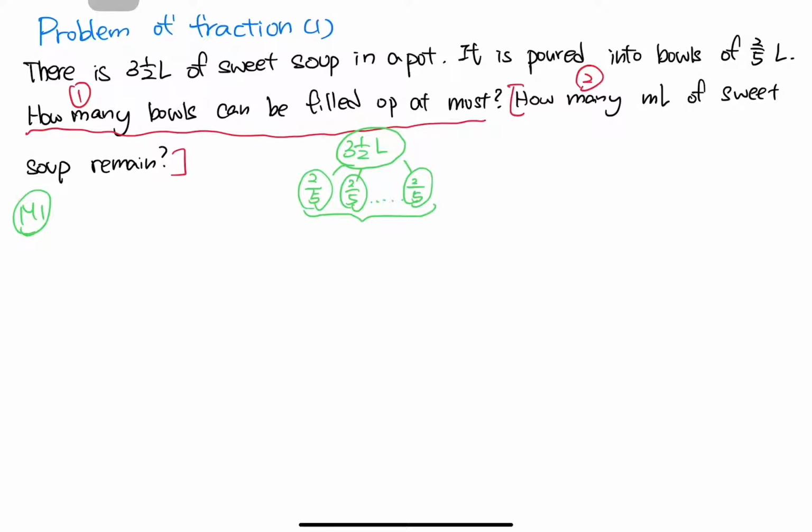So in this question, we use 3 1/2 divided by 2/5 because we have to separate it into equal parts to find out how many parts we can have.